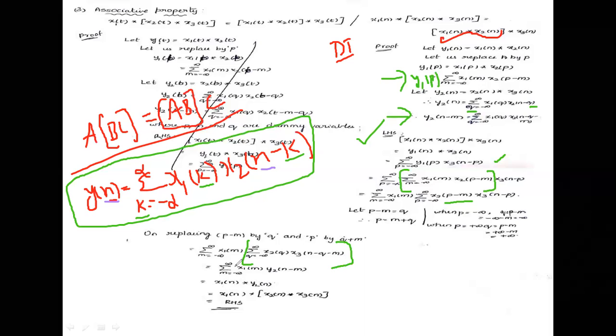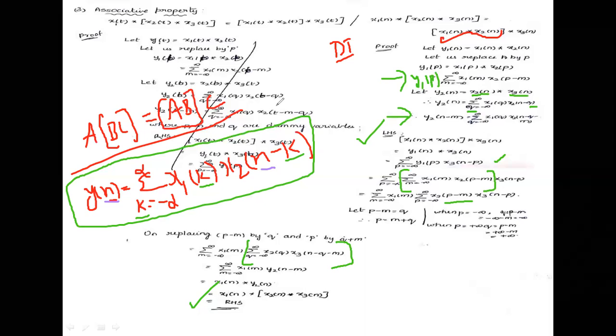Substitute here y2 of n minus m. Therefore, the formula is x1 of n convolved with y2 of n. What is y2 of n? We assume y2 of n is x2 convolved with x3. That is the LHS, x1 and x2 with x3. Now what is the RHS? x3 and x2 with x1 of n. Okay, some little bit of confusion. You can write it down two or three times, my dear students, then you can understand.